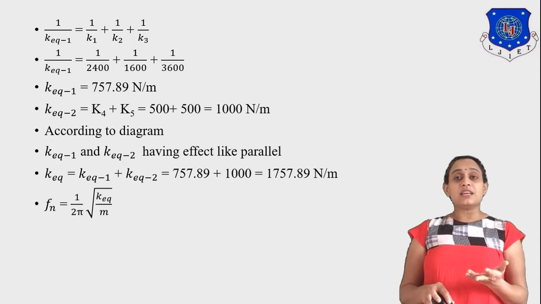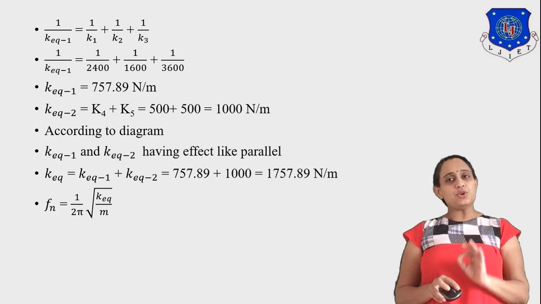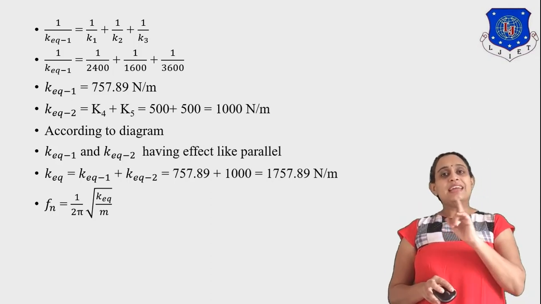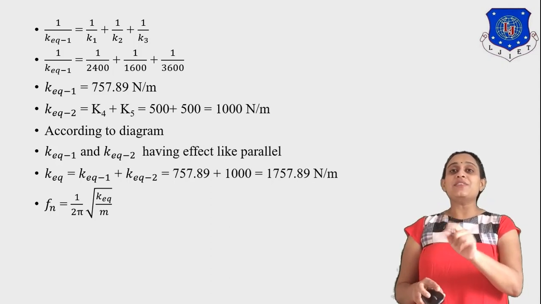Now what is the frequency? The frequency value is given to us. Frequency is equal to 1 upon 2 pi under root of K by M. In our case, we have to consider K equivalent. Okay.